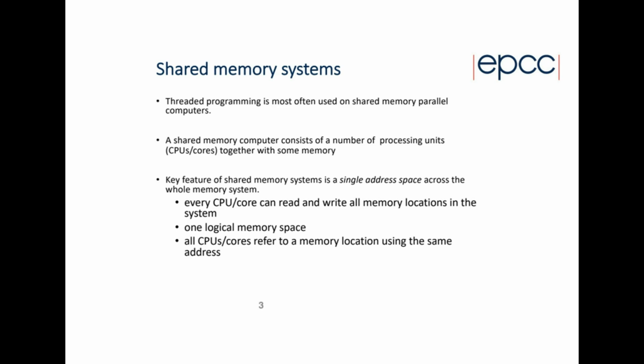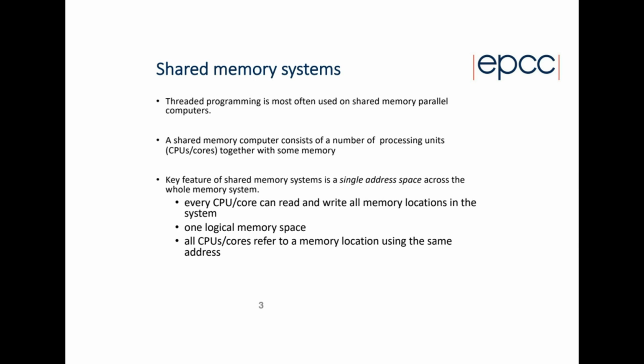Okay, so shared memory systems. Threaded programming, this concept of using threads and shared variables, is most often used on shared memory parallel computers. What's one of those? Shared memory computers essentially consist of a number of processing units, so CPUs or cores, together with some memory.